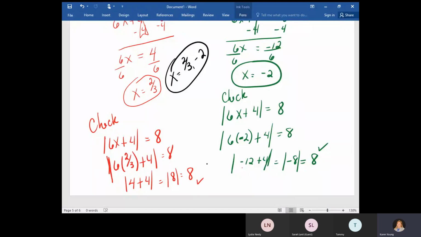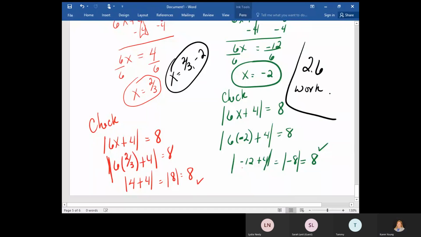But what I would like for everyone to do is to go in your textbook in section 2.6 and work some of those problems. Work the odd problems.